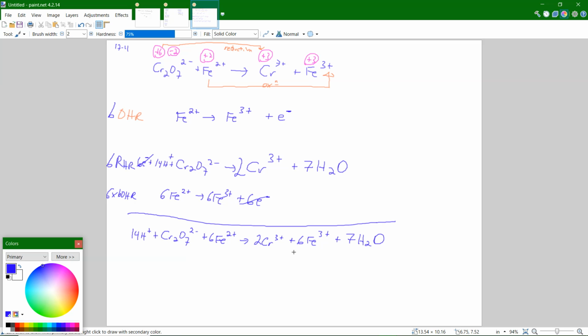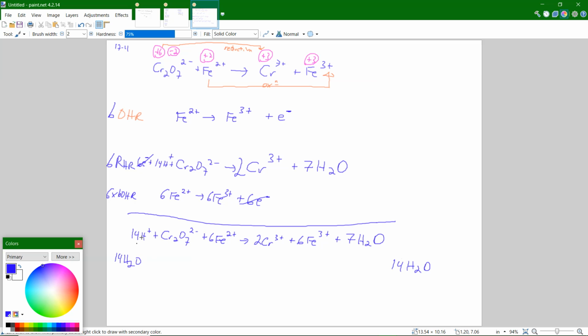Everyone's happy except the silly, well, I almost said the silly book, don't say that. Except the book, which doesn't like to keep it in H pluses. They want to have it in H3O pluses. So I'm going to add 14 H2O on the left, which means I have to add 14 H2O on the right.